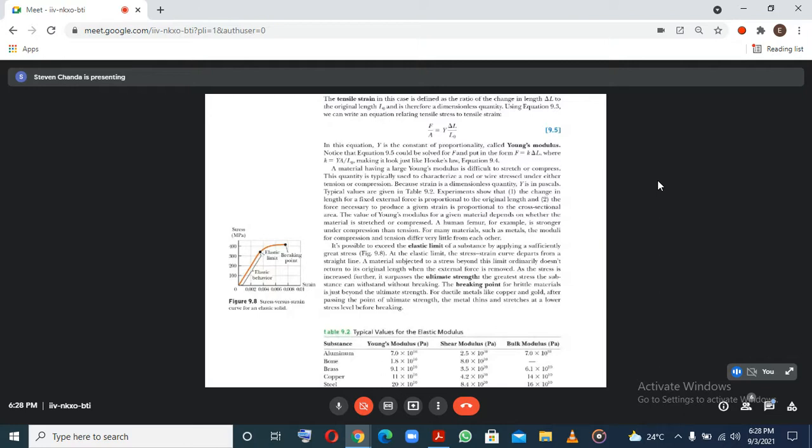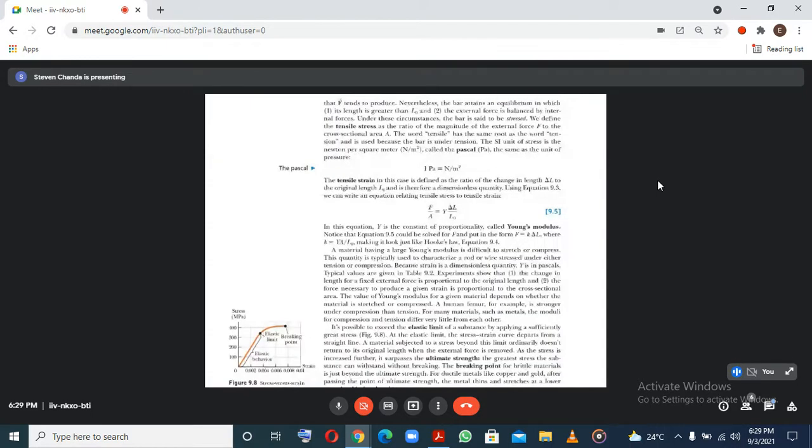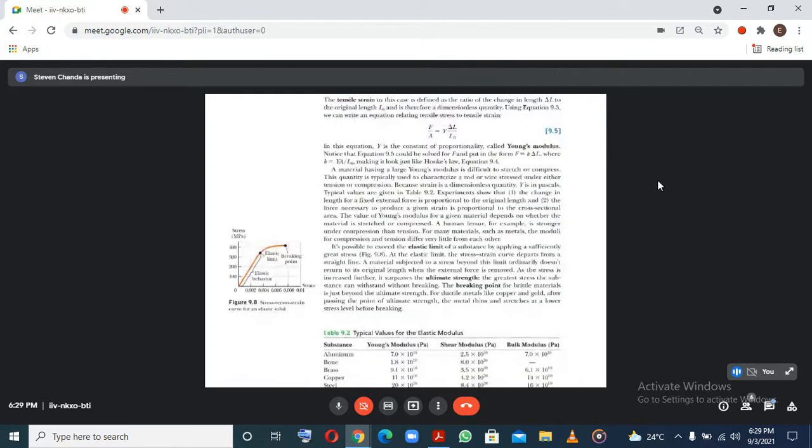If you divide length over length, the meters are cancelling, isn't it? If the meters are cancelling, it means that you don't have a unit. So I hope we get the difference, because stress or tensile strength has a unit, which is the Pascal or Newton per square meter, whereas strain doesn't have units.